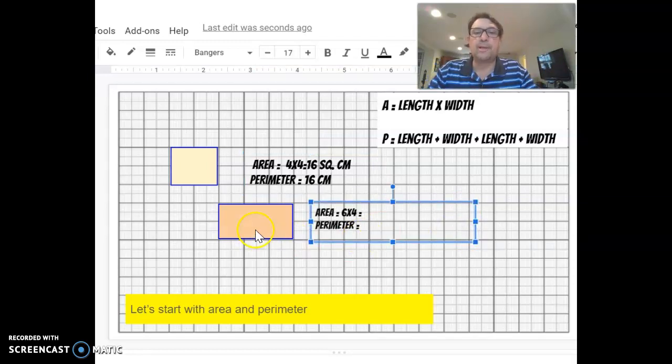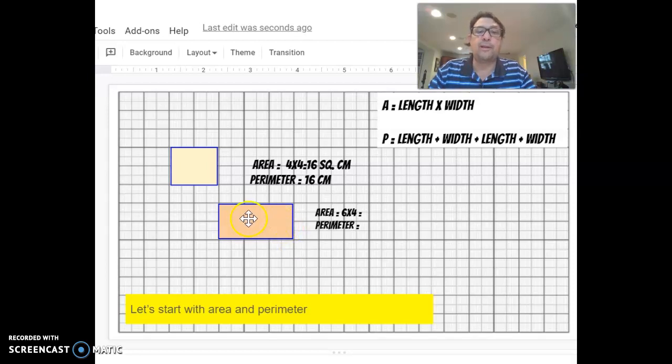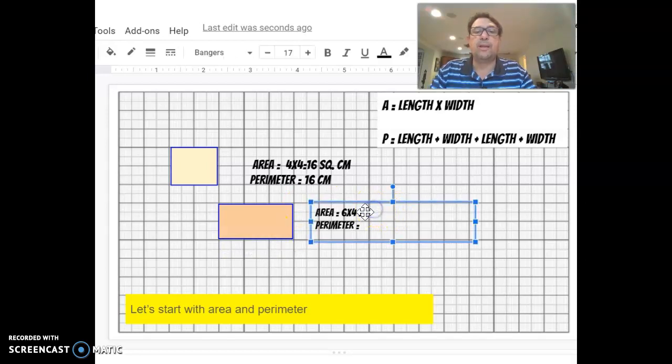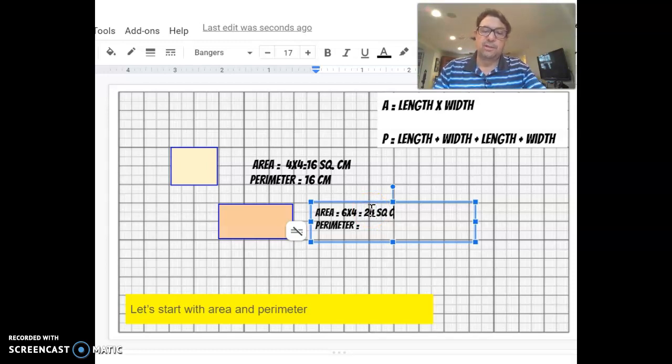Now, the rectangle is slightly different in that we have just a longer length. So we have two different lengths and we have a length and a width that are different. So in this case, 1, 2, 3, 4, 5, 6, and then 1, 2, 3, 4. And there it is, 6 times 4 is equal to 24 square centimeters.